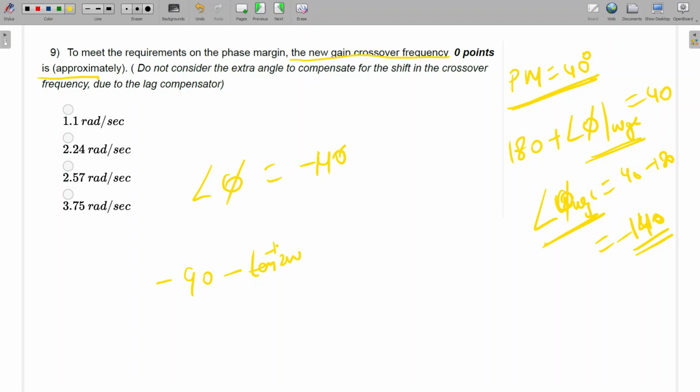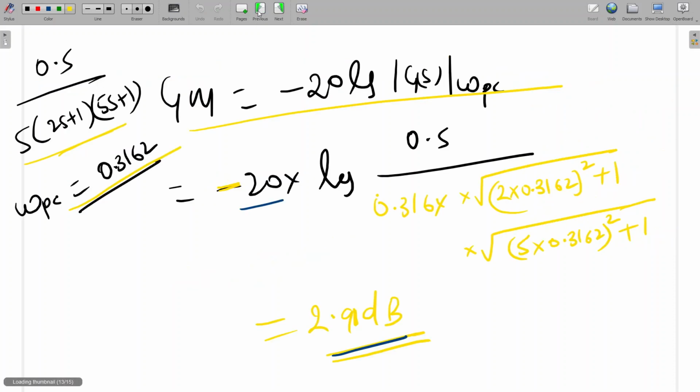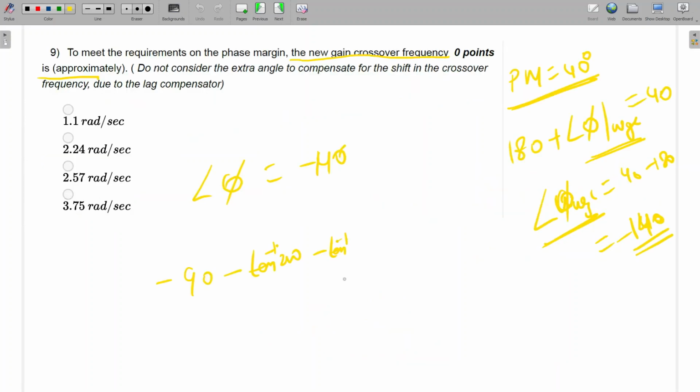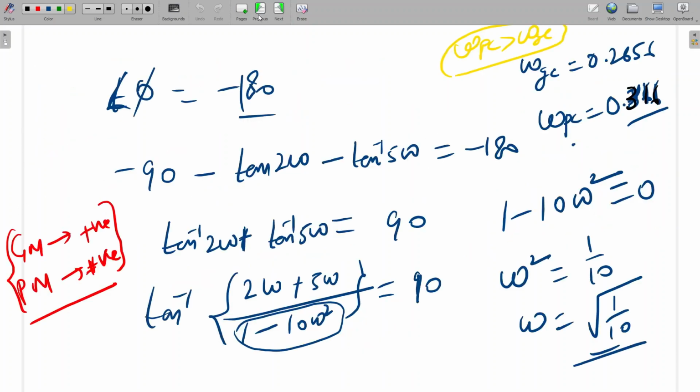minus tan inverse 5 omega. Tan inverse, theta is equal to tan inverse a by b. Already we have calculated this: tan inverse 2 omega, tan inverse 5 omega.